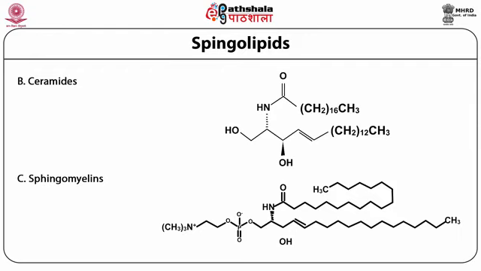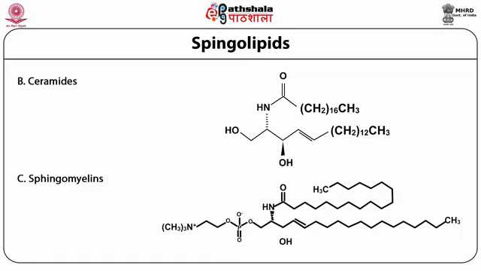The common cerebrosides are galactocerebroside and glucocerebroside. Here, the galactose or the glucose is linked to the terminal OH group of the sphingosine unit of the ceramide. Please remember that the sphingosine also had a free OH group in its structure.